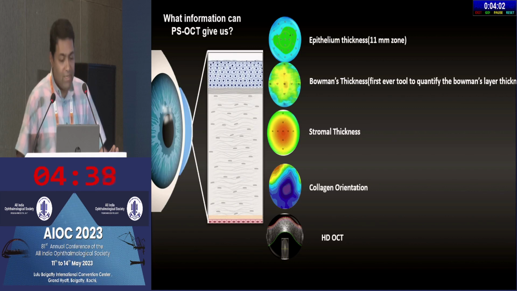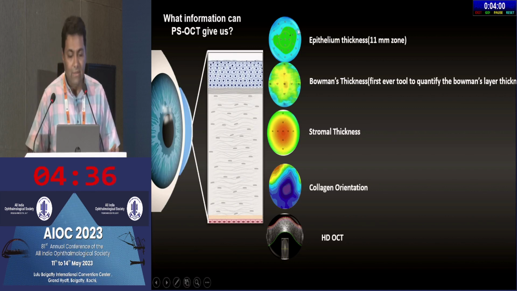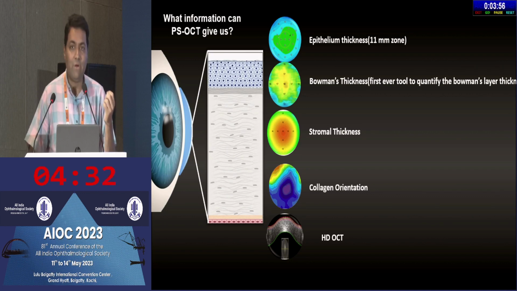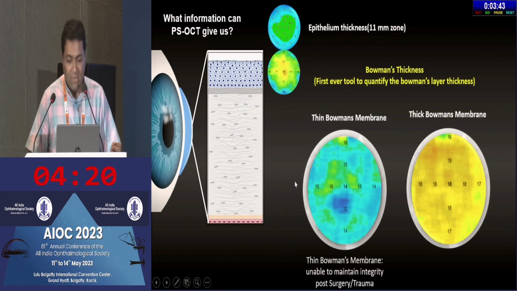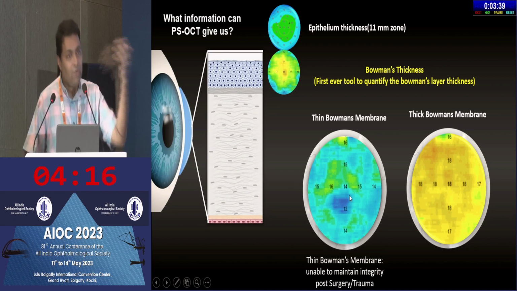The important thing is that every layer, including Bowman's, is around 2.5 to 3 pixels in resolution. Because of that, your resolution has to be so good that you are able to pick up and map the Bowman's. Stromal thickness and every other layer can be checked. And this is your Bowman's layer. You can map it. Bowman's topography itself can be planned.